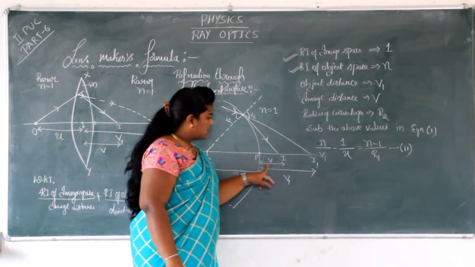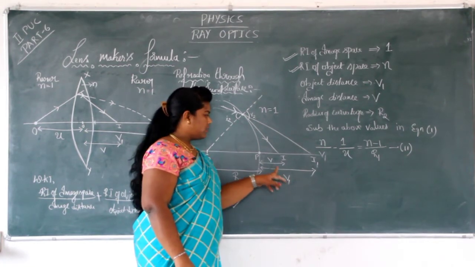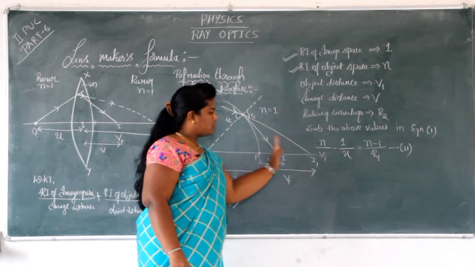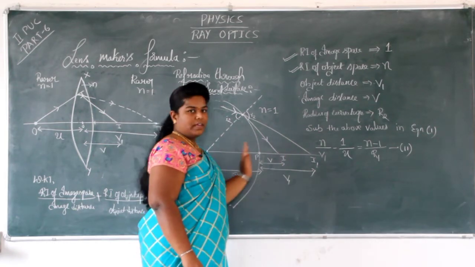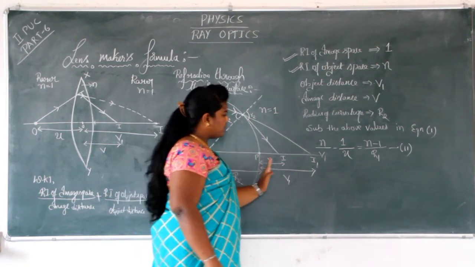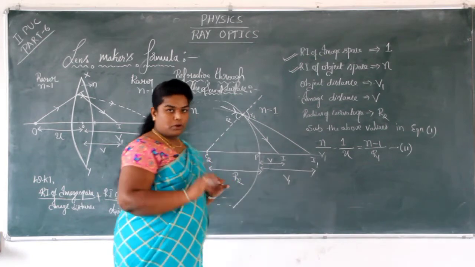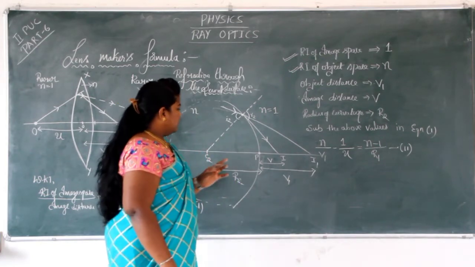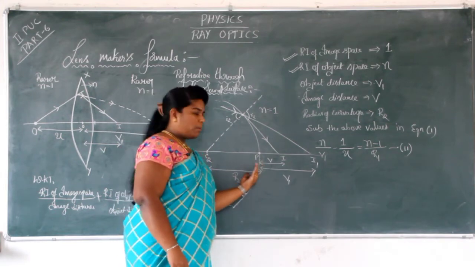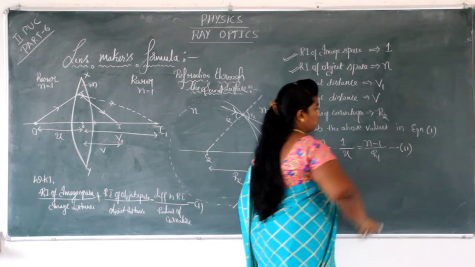We are measuring the object distance and also the image distance in the positive direction, that is along the direction of the incident ray. The incident ray is in this direction. We are measuring V and V1 in the same direction, so both are positive. Then we are measuring the radius of curvature opposite to the direction of the incident ray, so R2 becomes negative.